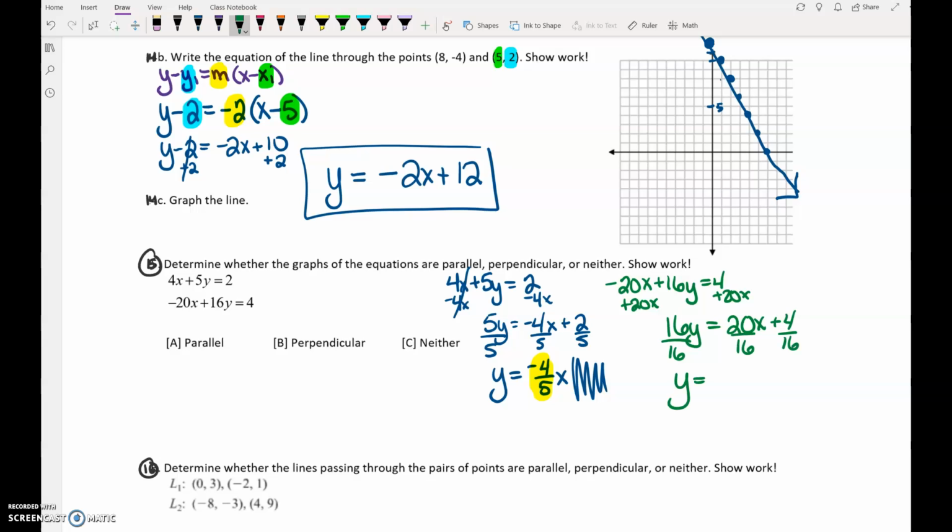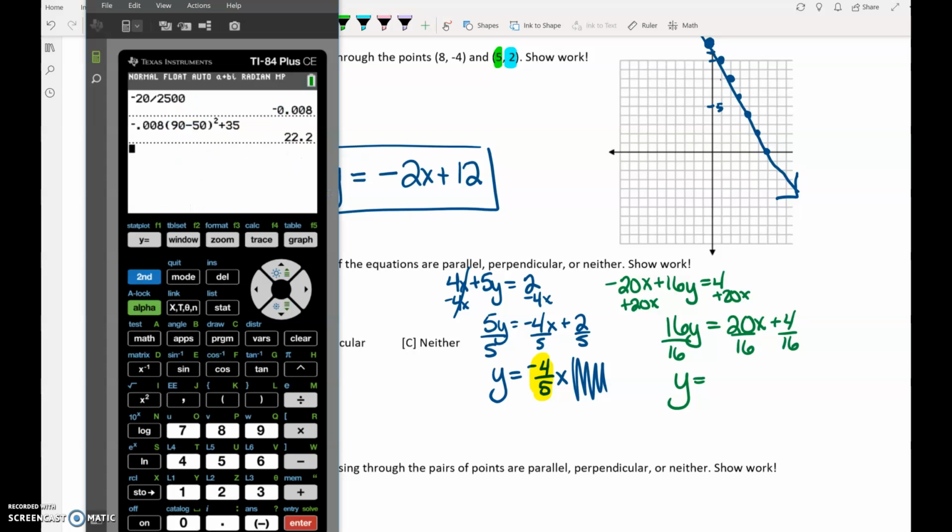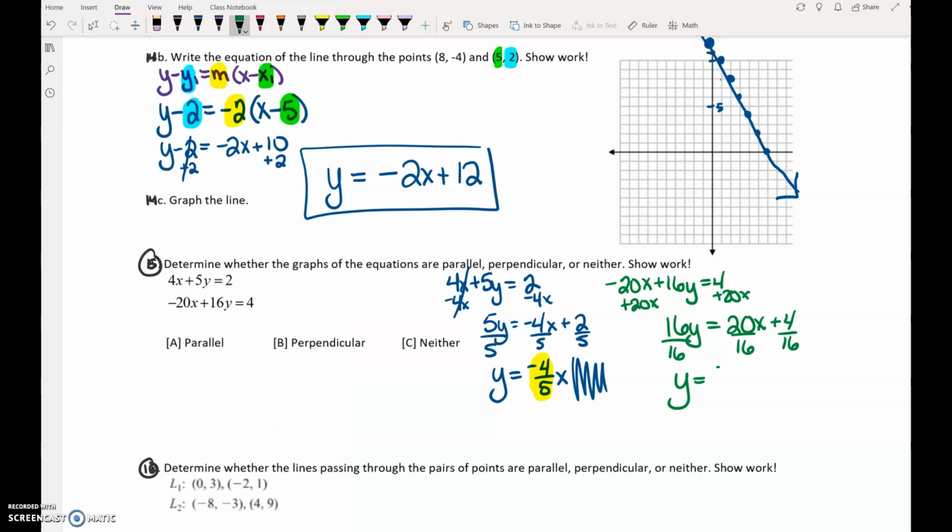Y equals 20 over 16x, and then I don't care what comes next. But in a calculator, I would do 20 divided by 16, and then change that back to a fraction. That is the fraction 5/4. And if you need help with that on your calculator, please let me know. So that slope is 5/4.